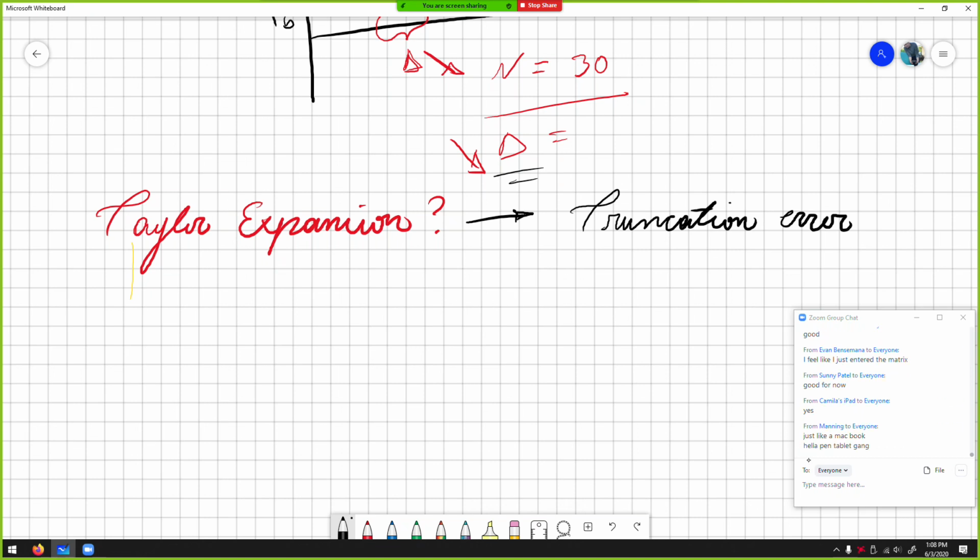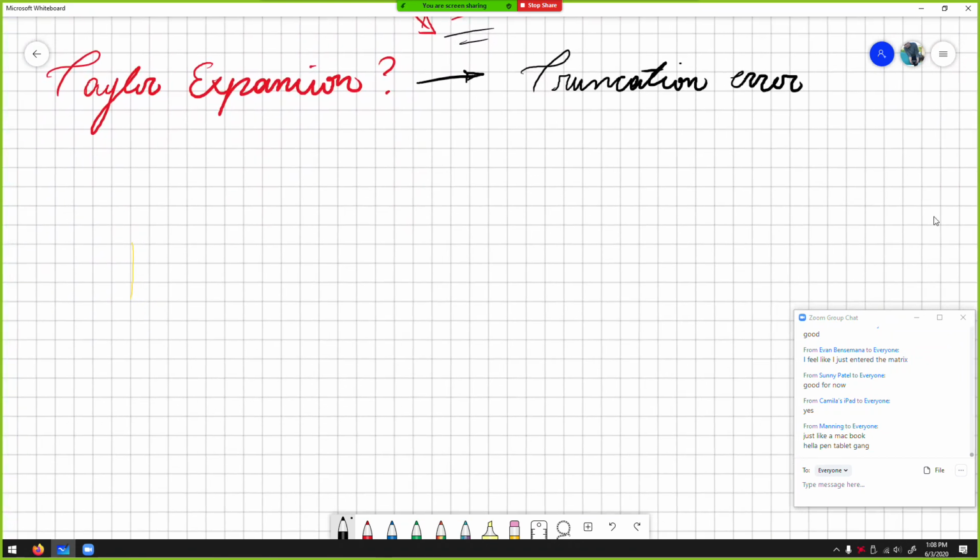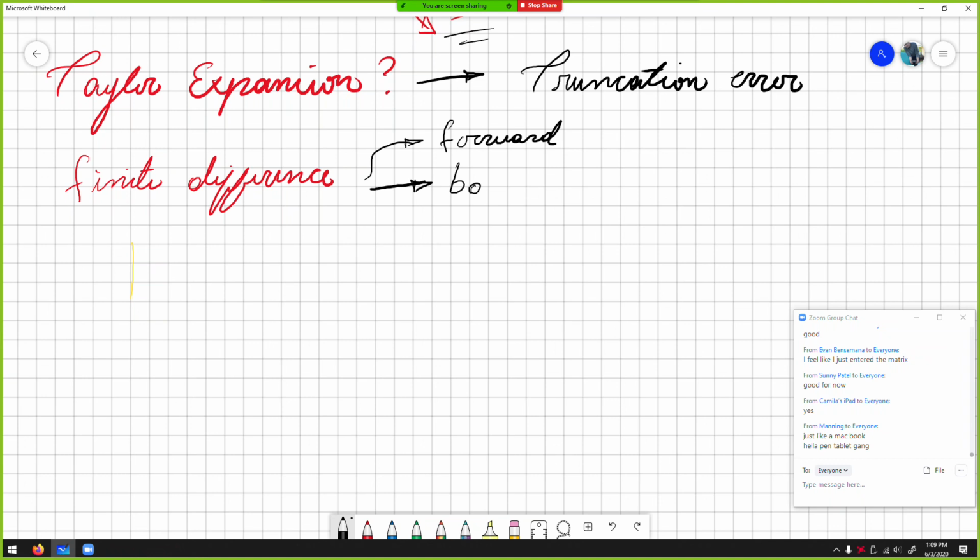So yeah, that's all that you need to know. The other thing that you need to know is how to do finite difference. The formulas are provided, and there are three of them: forward, backward, and central.